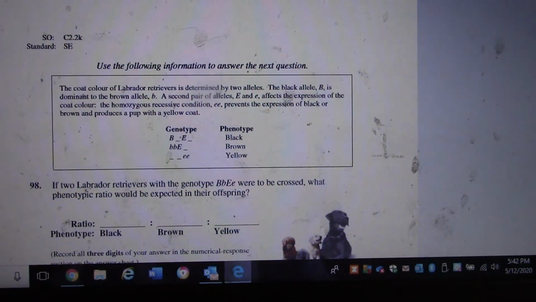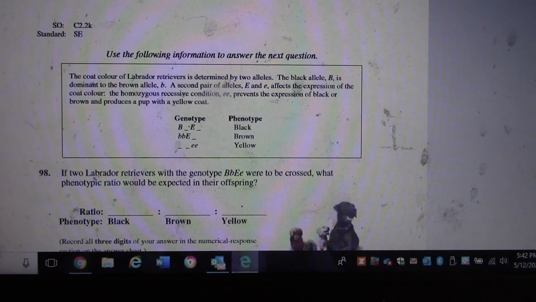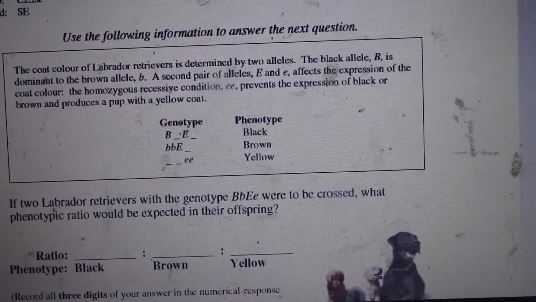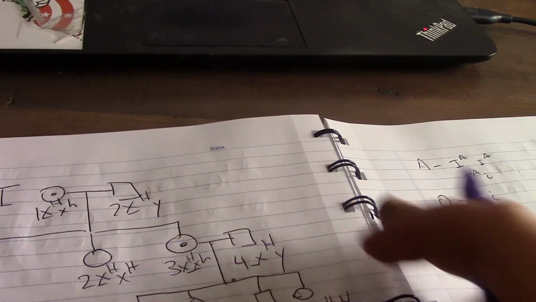But this says the coat color of Labrador Retrievers is determined by two alleles. The black allele, big B, is dominant to the brown allele, little b. So I'm going to write that down. So big B is black and little b is brown.